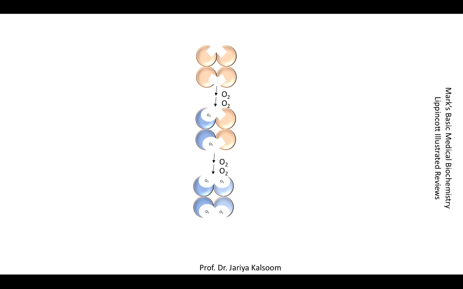When the next oxygen binds, many of the hemoglobin molecules containing one oxygen will already have all 4 subunits in the R state, and therefore the rate of binding is much higher. With 2 oxygen molecules bound, an even higher percentage of hemoglobin molecules will have all 4 subunits in the R state. This phenomenon is known as positive cooperativity and is responsible for the sigmoidal oxygen saturation curve of hemoglobin.